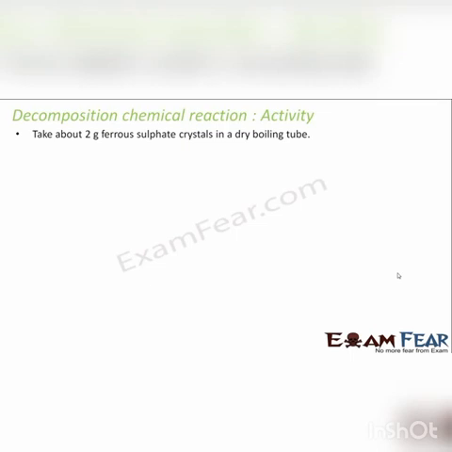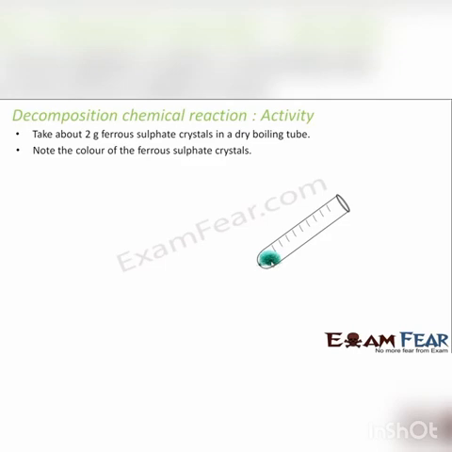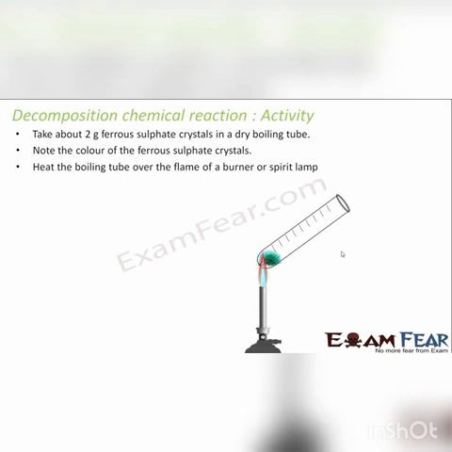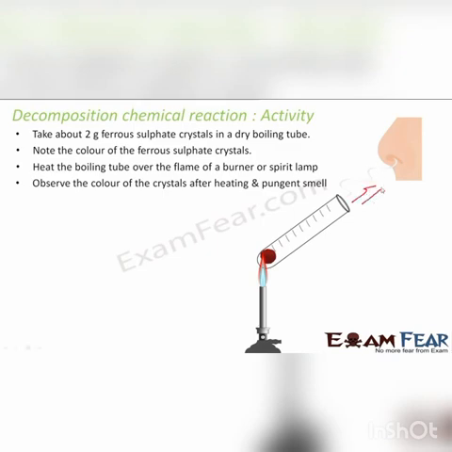For an activity, we can take 2 grams of ferrous sulfate crystals in a dry boiling tube. This is a boiling tube. Here I have ferrous sulfate, 2 grams. We note the color is blue. Now let's heat this over a burner. We'll observe that the color changes to red, and we will also see a pungent smell.